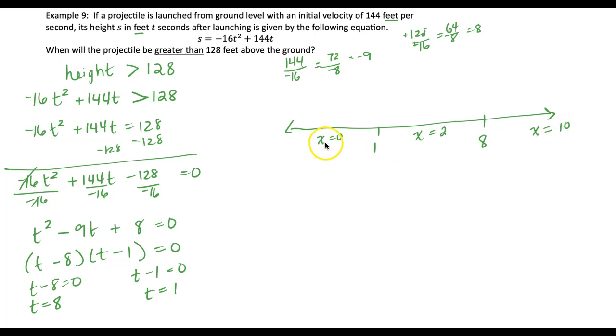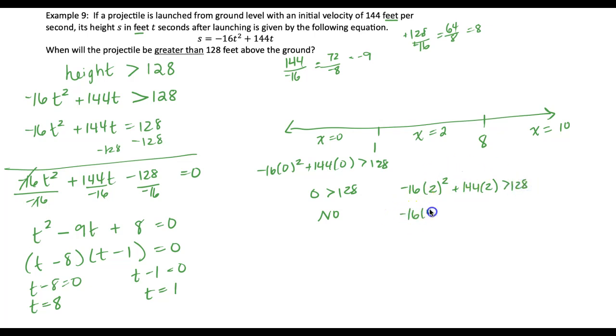So at x equals 0, I'm going to go back to my original here. So negative 16 times 0 squared plus 144 times 0, is that bigger than 128? And we get 0 bigger than 128. That's a no. In the middle, we have negative 16 times 2 squared plus 144 times 2. Is that bigger than 128?